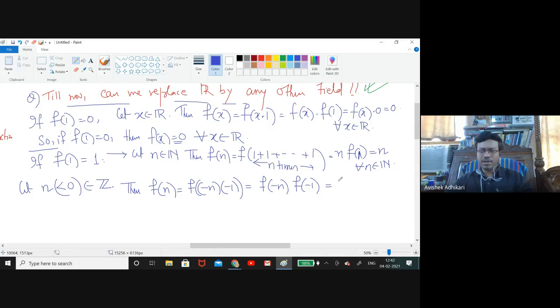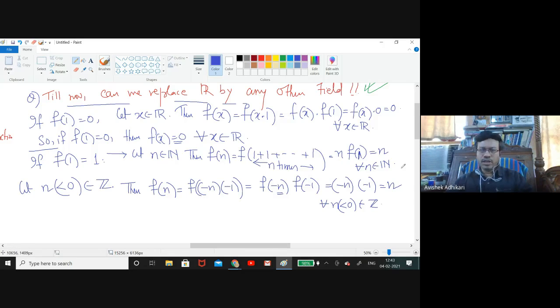You all have done this. But minus n must be a positive integer, right? n is a negative integer, so minus n is a positive integer. Just now we have done it for positive integers, so f(minus n) is nothing but minus n. And with the basic properties of f, this is minus of 1, that is n, for all n less than 0 belongs to Z, for negative integers.